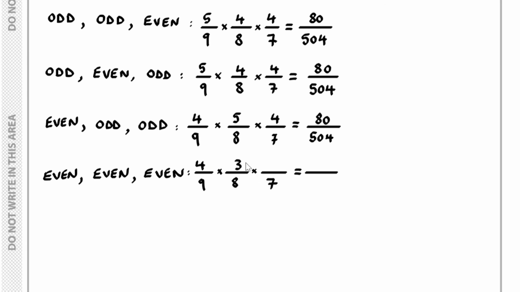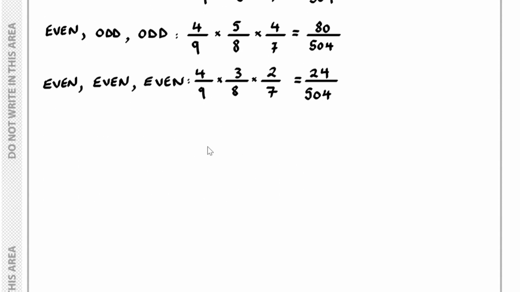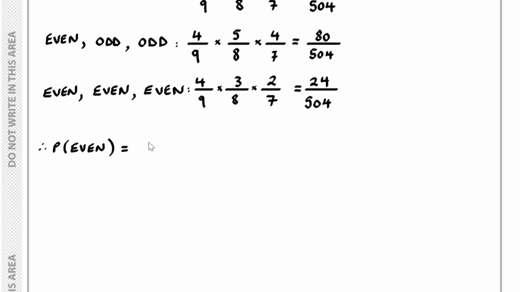And if I've already selected 2 of them evens, 2 of them are going to be left over. So what I get over here then is 24 out of 504.